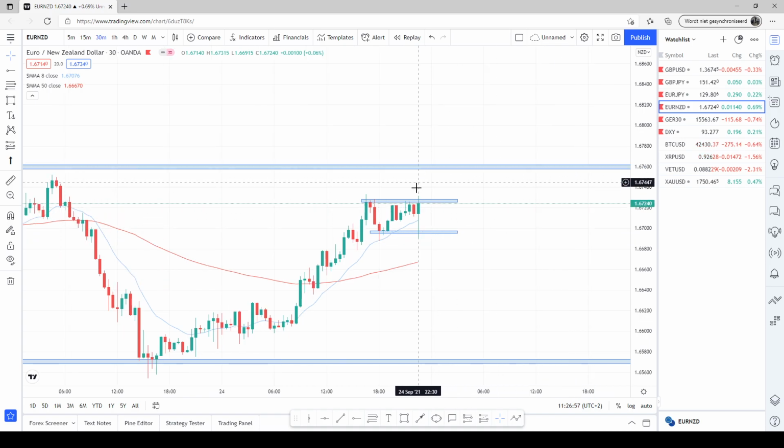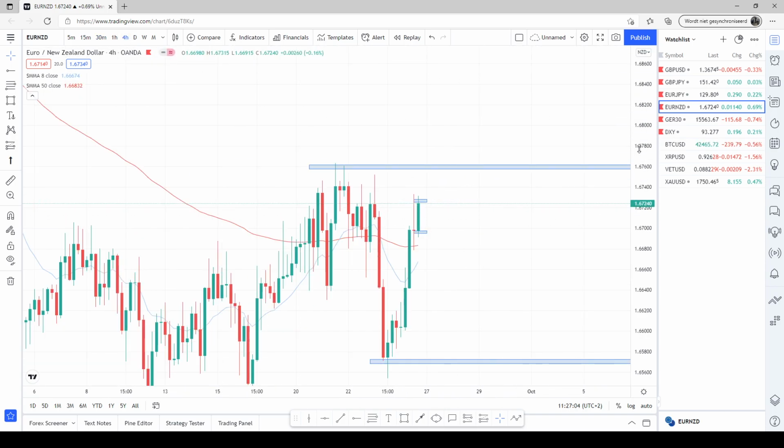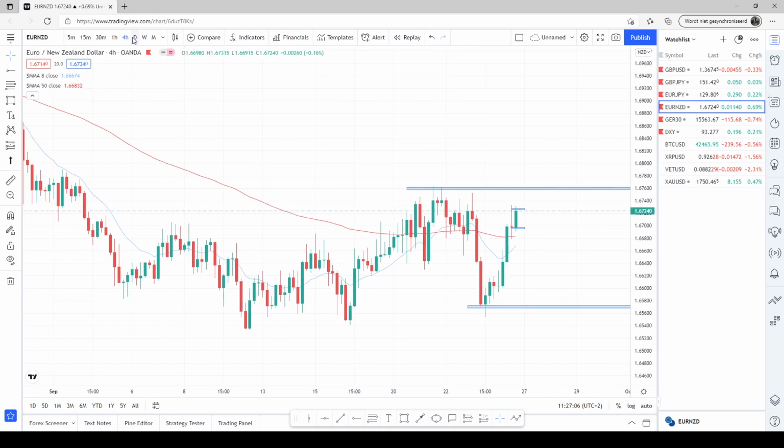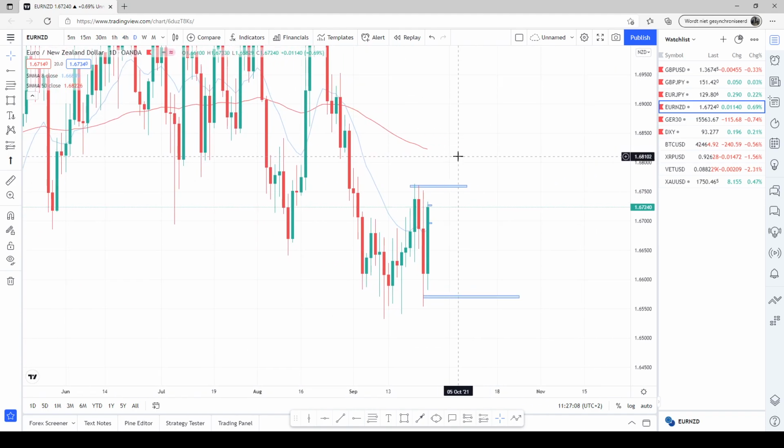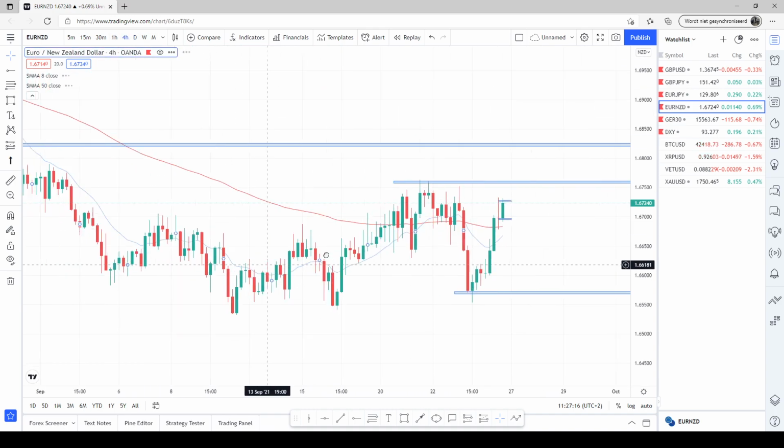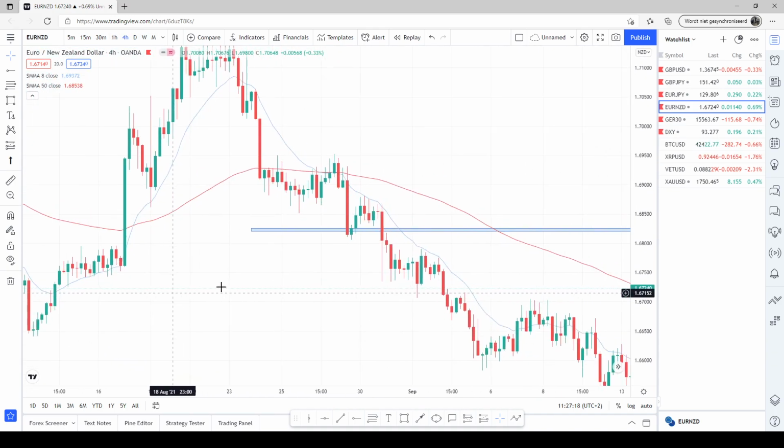It's better if price reaches this area, starts to consolidate, and then has a breakout to the upside, which would mean that we could see price potentially going, let's say, to this zone over here. A lot of clean area. Maybe if we go to the 4 hour time frame, because we do have those wicks over there.